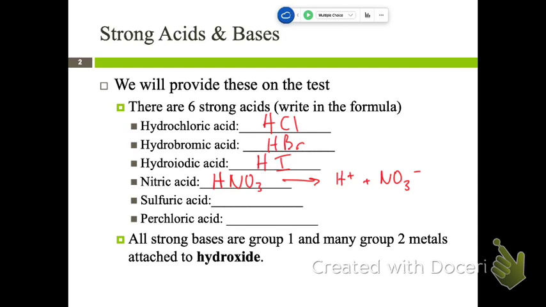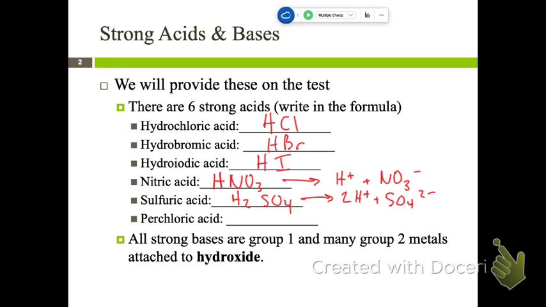Sulfuric acid. Who wants to give that? Shelby? H2SO4. So if this one is involved in an acid-base reaction, how many H pluses are we going to get? 2 H plus, sulfate 2 minus.